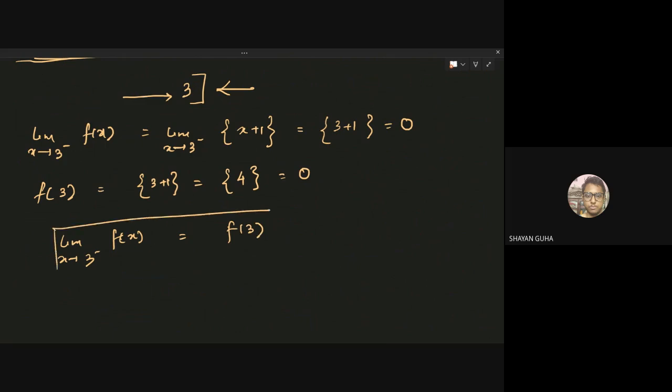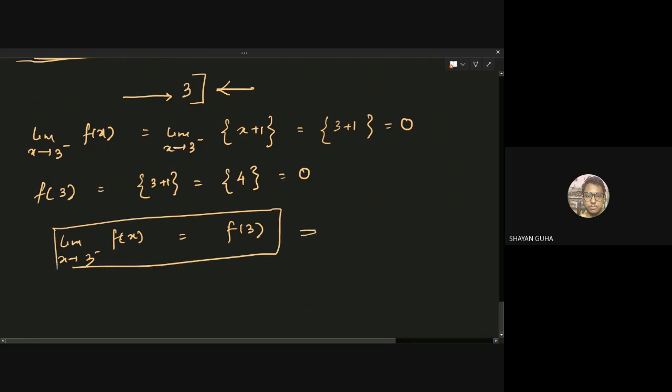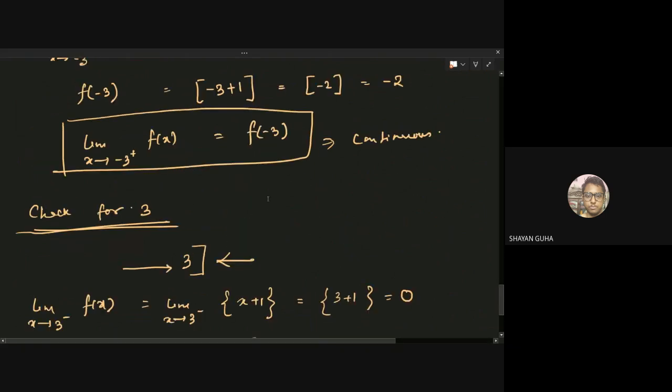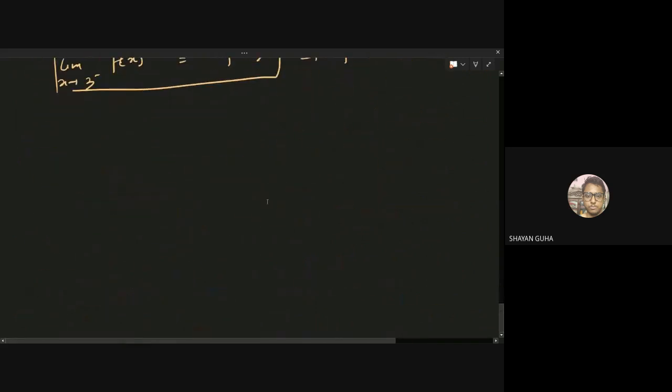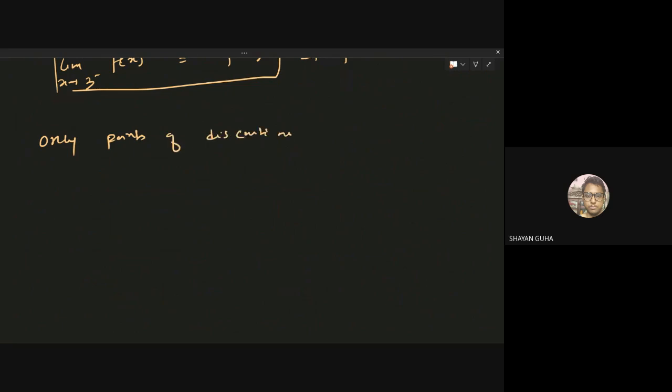So this is also implying that at this point the function is continuous. So ultimately we can see that the only points of discontinuity are minus 2, minus 1, 0, 1, 2. So there are only 5 points of discontinuity.